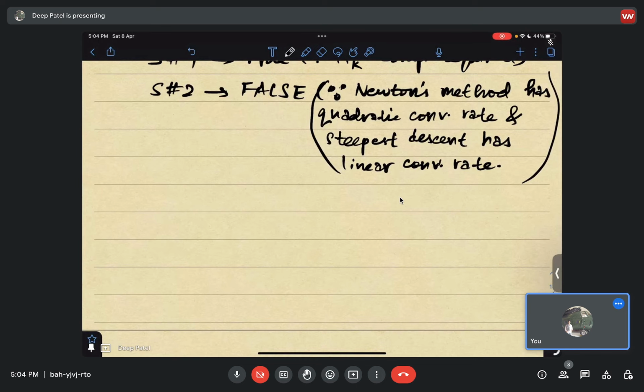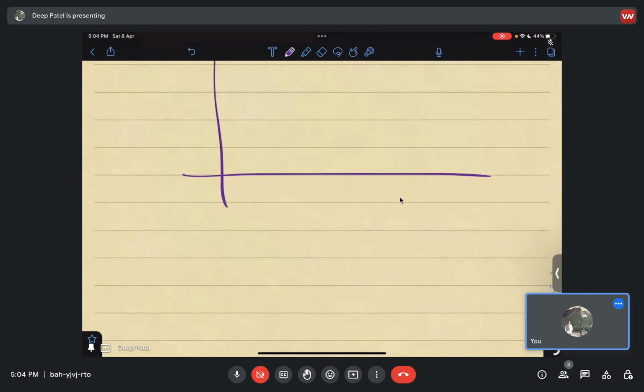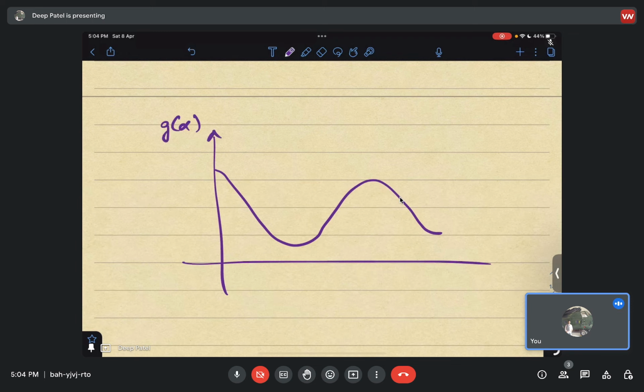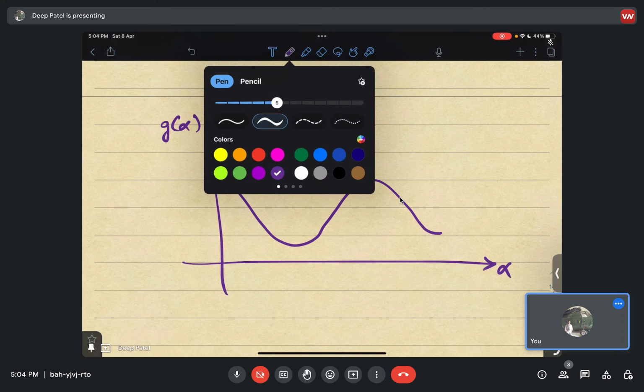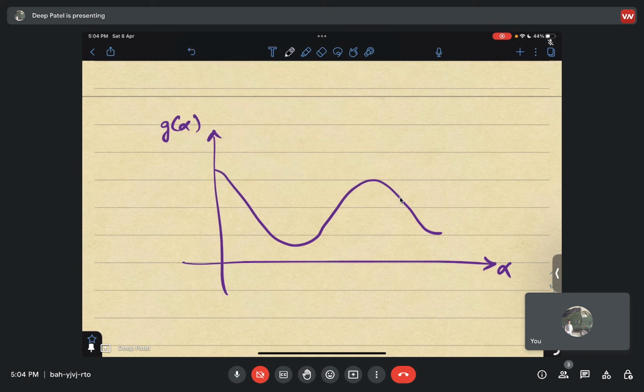So, okay, let me maybe go to a new page. So, let's say if I had something like this. First Wolfe condition, the second Wolfe condition.